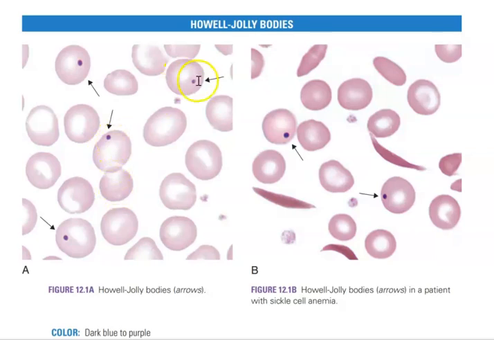They're usually somewhere along the edge, but not out on the periphery. They usually are inside the red blood cell, but not smack in the center. They're still kind of hanging out on the outer rim of the red blood cell.